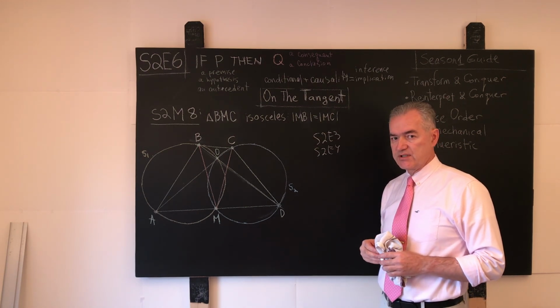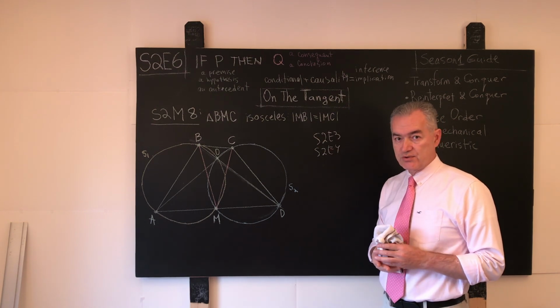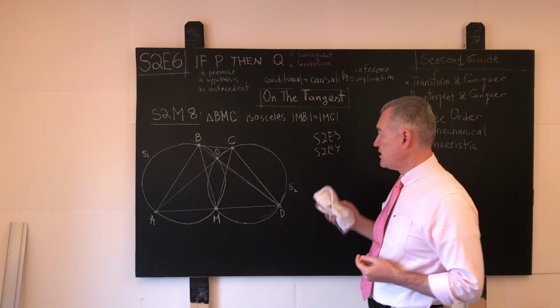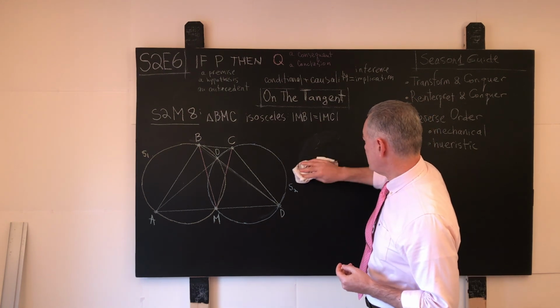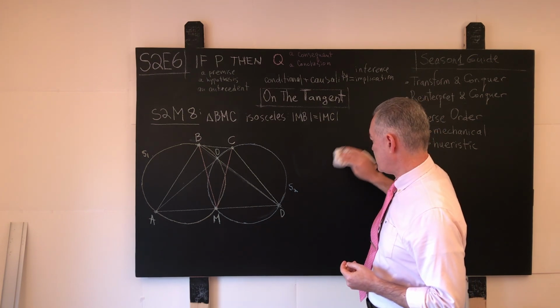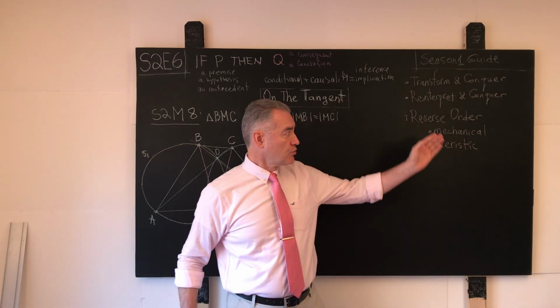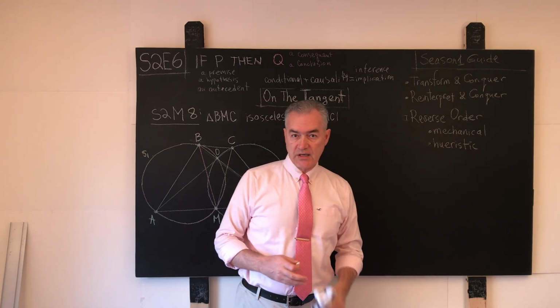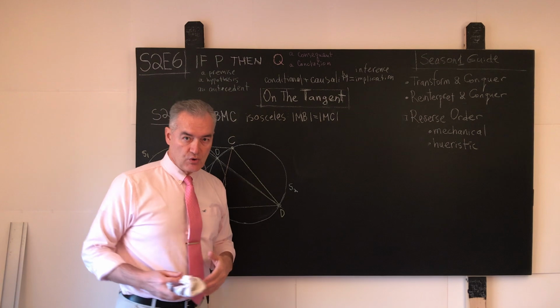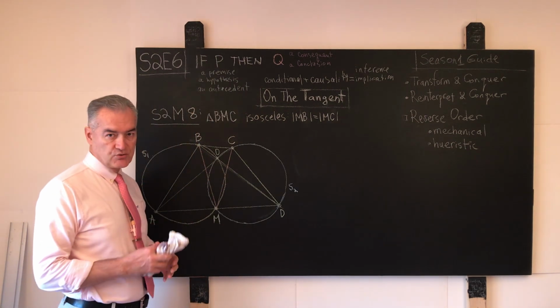Again, if you missed these two episodes, it's a good idea to watch them in their entirety. And in this episode right now, I will only analyze how the heuristic flavor of the reverse order problem solving approach can be applied to the search for a solution of the problem S2M8.